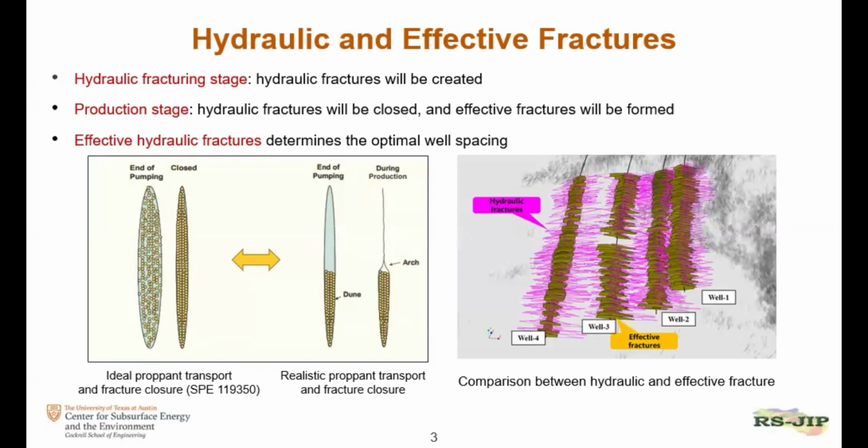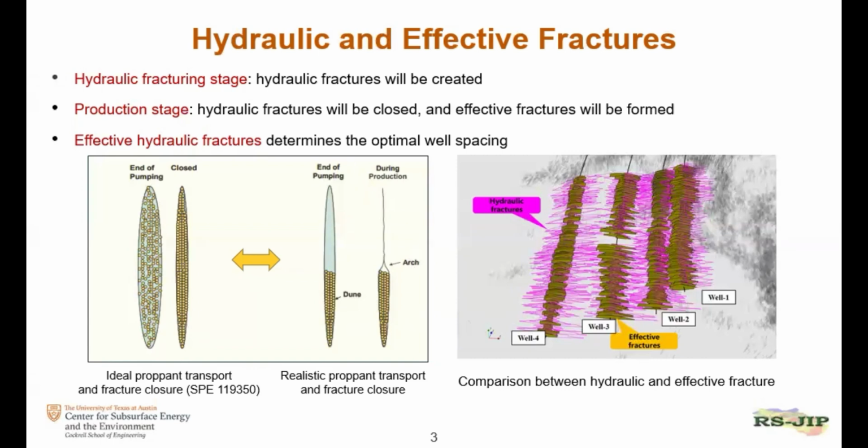However, if you put the well on production, because of the changes in the effective stress, not all of the fracture geometry will actually contribute to the production. So this is what we call the second phase for the fracture geometry, or you can call it effective fracture geometry.